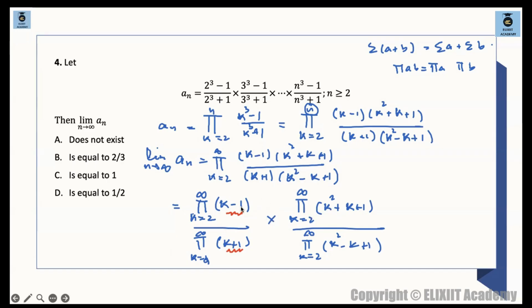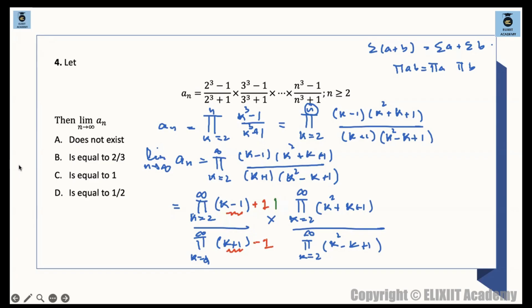Let's say I want to change this k minus 1 to k, which means you have to add 1. Minus 1 plus 1 gives you k. Similarly, here you have to subtract 1. Note this method: whenever you are adding 1 in the variable, you have to subtract 1 in the limits, and vice versa. If the variable is increasing, then the limits will decrease.